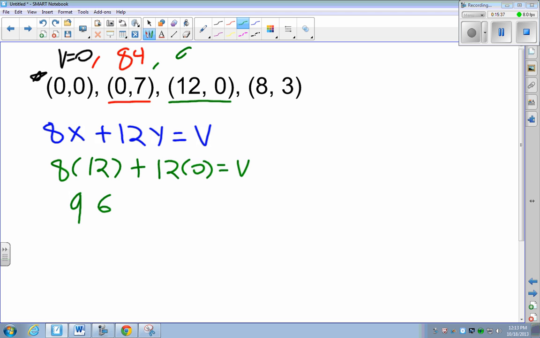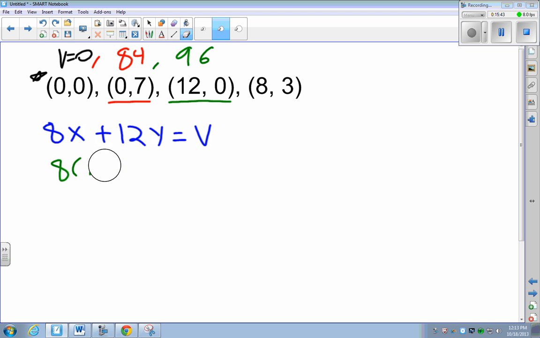So we get 96 here. Okay, so now our most optimal solution is to get 12 of those X cabinets. But let's try this last point and see which is optimal.